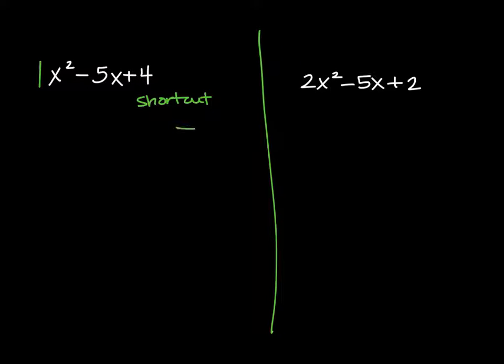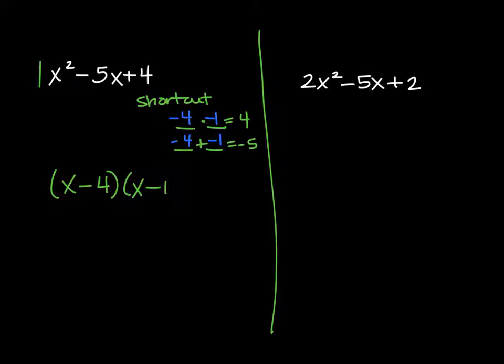So I want 2 numbers that are going to multiply to give me 4 and add to give me -5. And if you think about that for a minute, those numbers are going to be -4 and -1. Right? Negative times negative is positive. When we add them, we get -5. That allows me to jump all the way to my final answer, which is x minus 4, x minus 1.